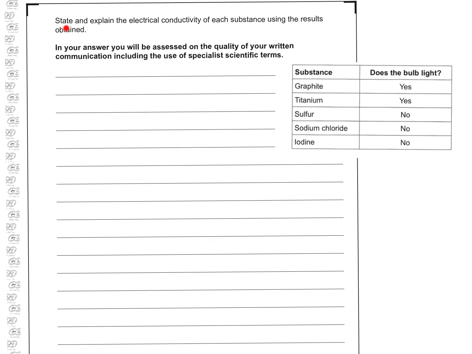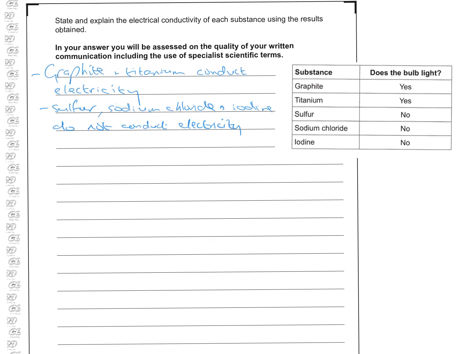So first of all, I'll state the electrical conductivity of each substance. Graphite and titanium are good conductors because the bulb lights. And make sure you put in electricity. Don't just say that graphite and titanium conduct. And then you can see that the sulfur, sodium chloride, and iodine do not conduct electricity.